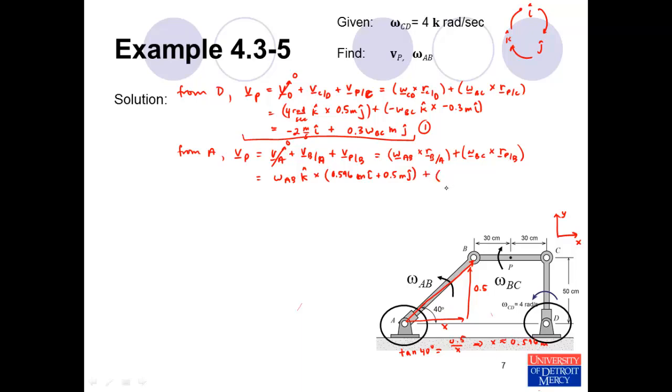And then for the other cross product, again, we don't know what omega BC is. It's a variable, but we've assumed that it's in the negative k direction. And the position of P relative to B, we draw that position vector from the origin towards P. It's in the positive i direction with a magnitude of 0.3 meters.